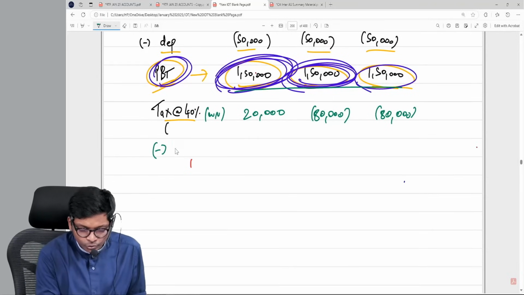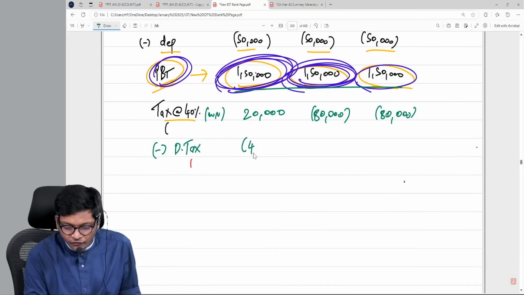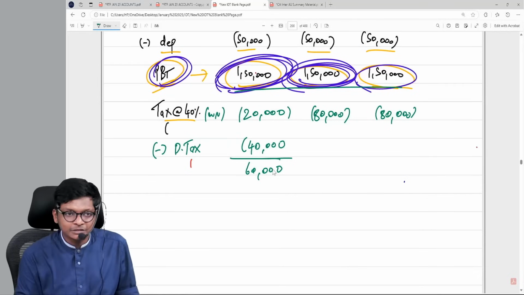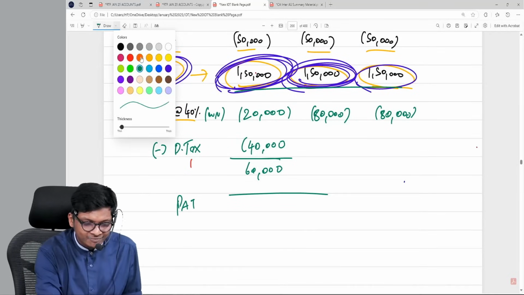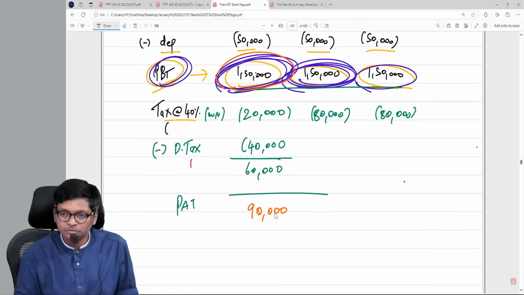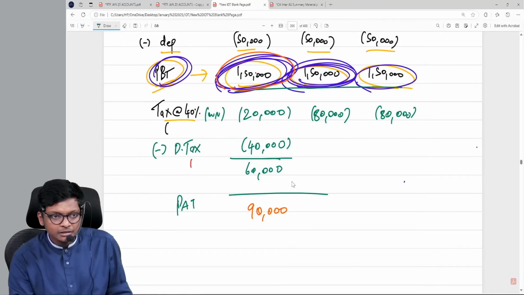Next, again I will do less deferred tax. First year 40,000 more I will debit, so that the total becomes 60,000 and my profit after tax will become 1 lakh 50 minus 60. How much? 90,000. Second year, what will I do?